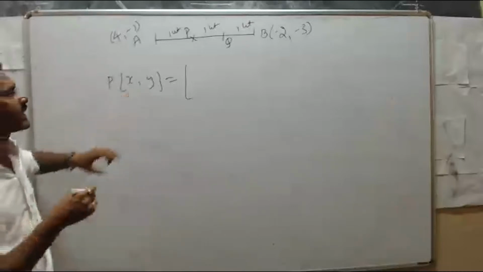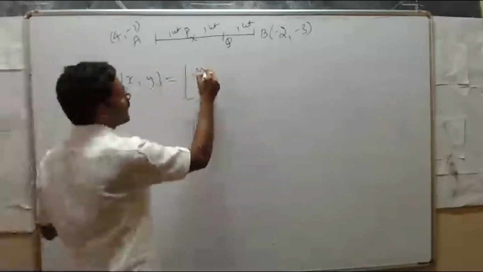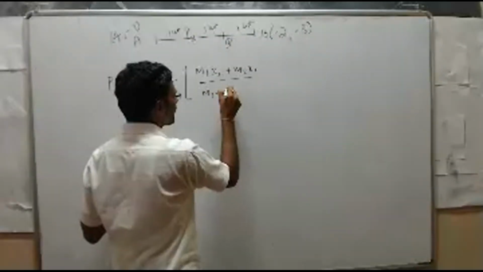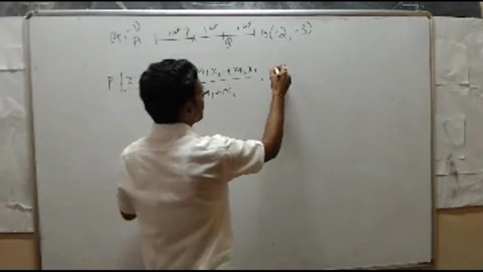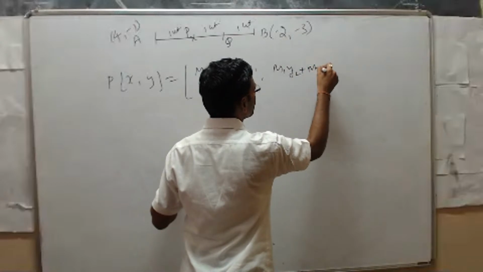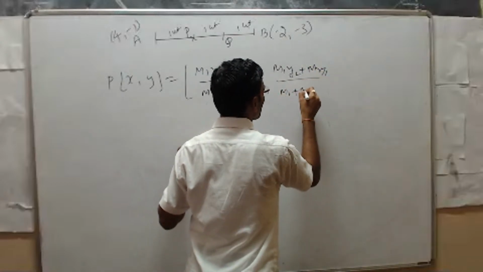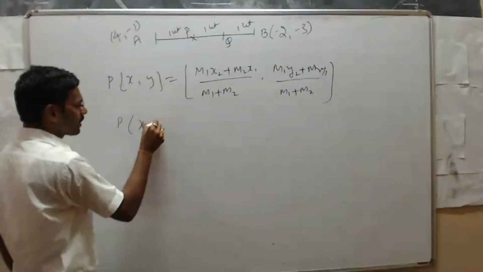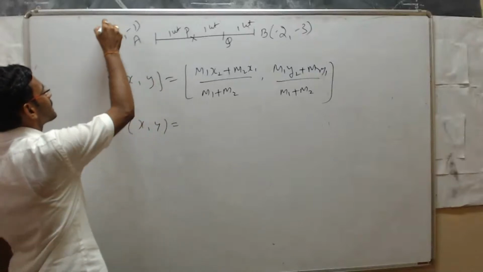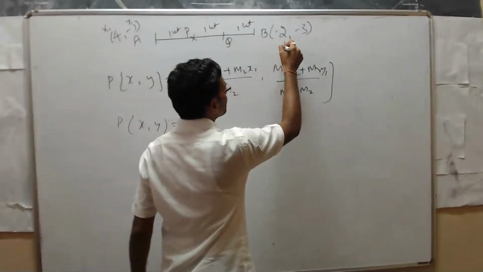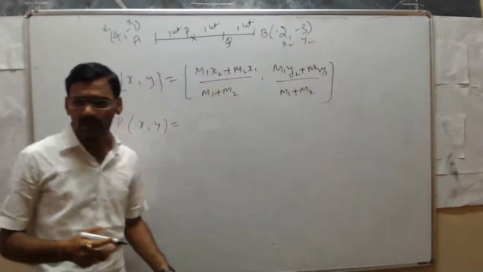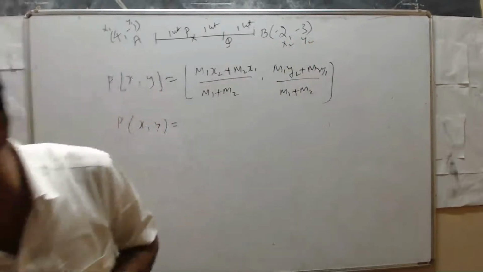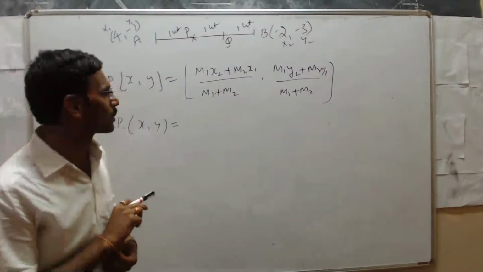Then P(x, y) is equal to, what is the section formula? (m1 x2 + m2 x1) divided by (m1 + m2), and (m1 y2 + m2 y1) divided by (m1 + m2). Now the AB line segment: A is considered as (x1, y1) and B is considered as (x2, y2).